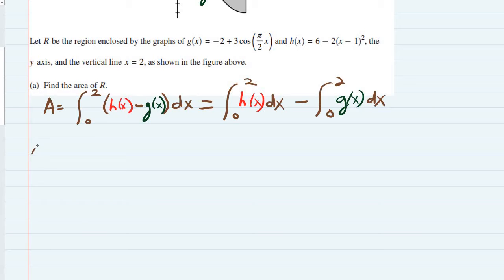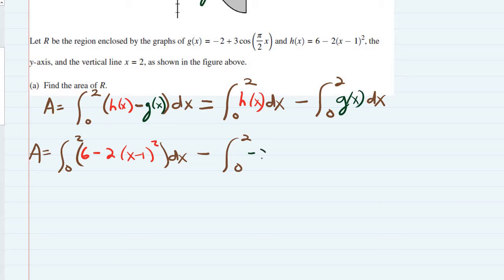On the first one, from 0 to 2, my h of x function is 6 minus 2 times (x minus 1) squared, multiplied by dx, then minus the integral from 0 to 2 of g of x, which is negative 2 plus 3 cosine of pi over 2 x.